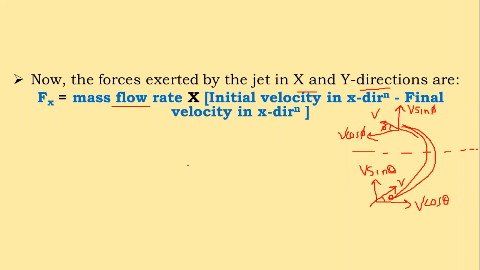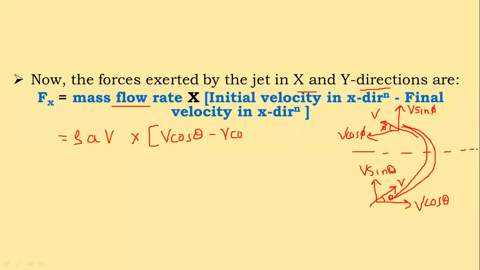So mass flow rate will be rho a v, as we all know, into initial velocity in x direction. What is the initial velocity in x direction? It is v cos theta. And what will be the final velocity in x direction? V cos phi.